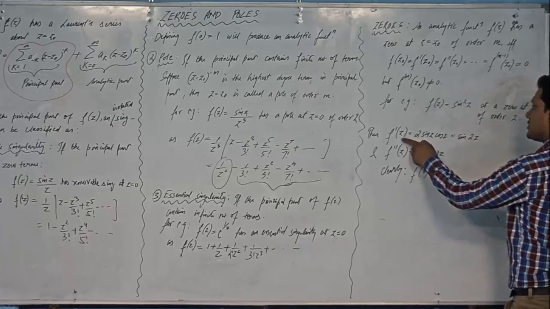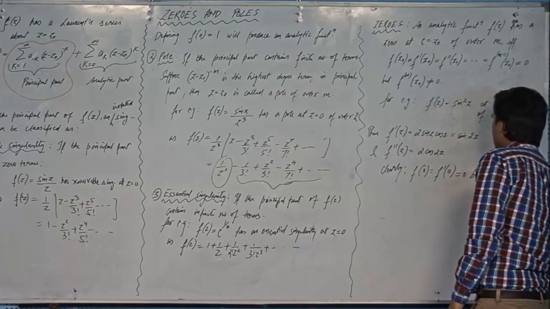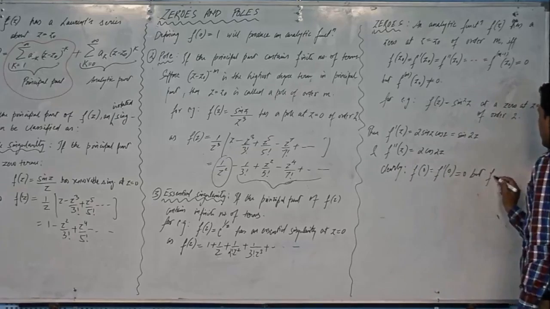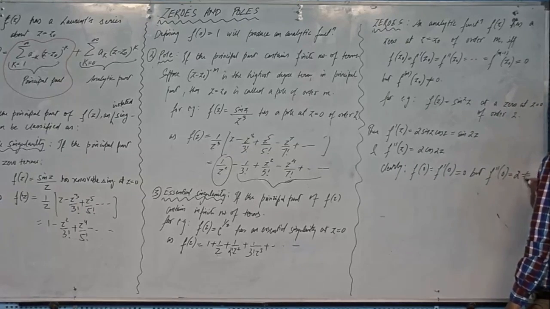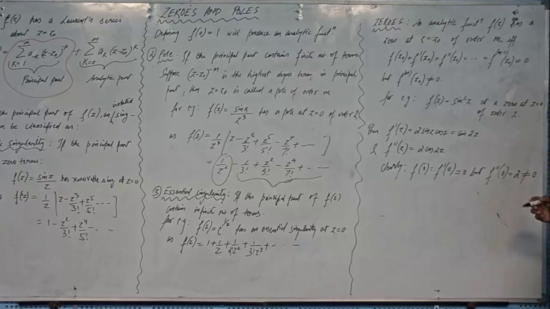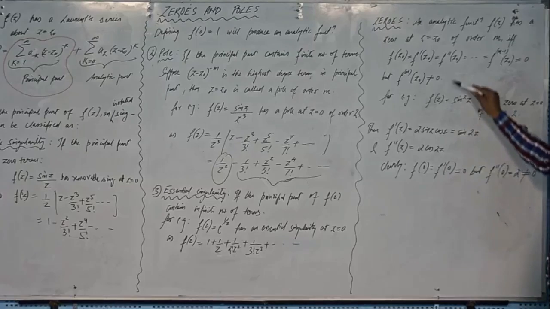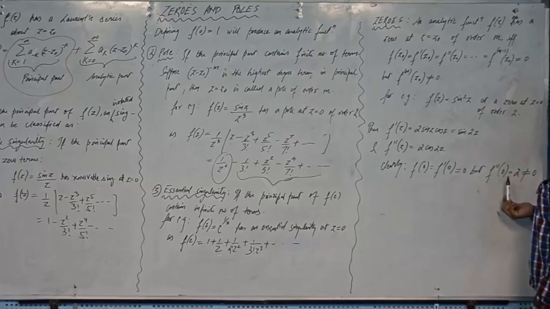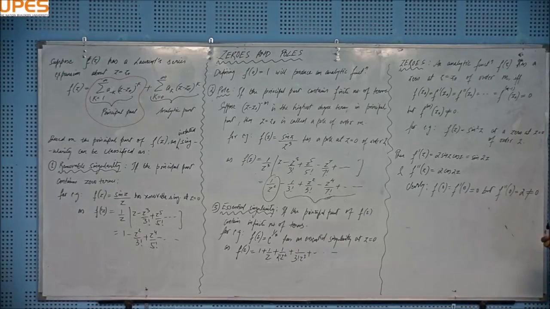If you put 0 in its first derivative, it will also give 0. But if you put 0 in its second derivative, you will get 2, that is not equal to 0, right? And you can say that according to this definition, it must have a zero at z equal to 0 of order 2, right?